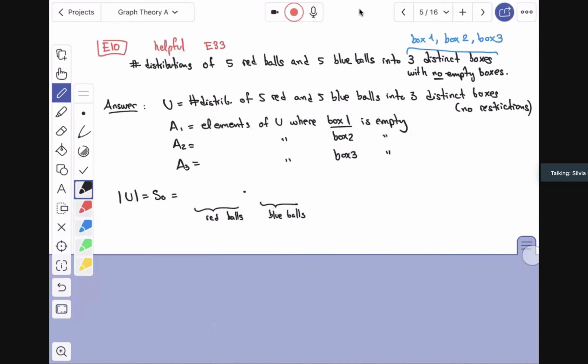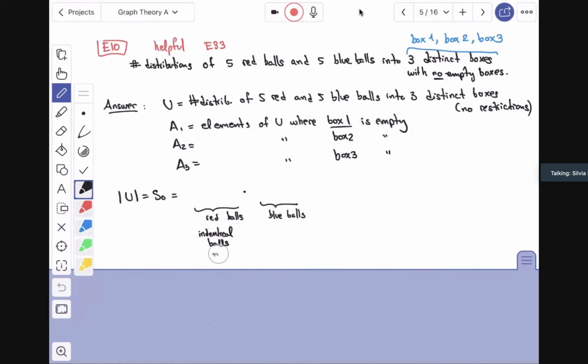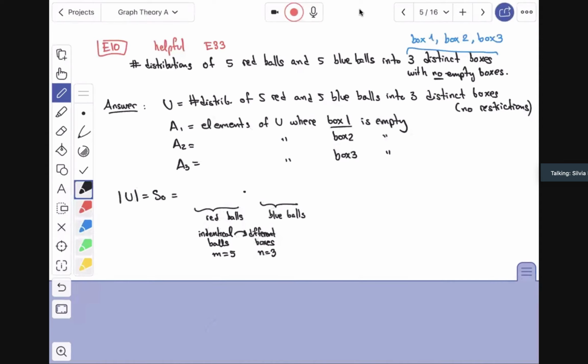We have identical balls, n equals 5, into 3 different boxes, no restrictions.